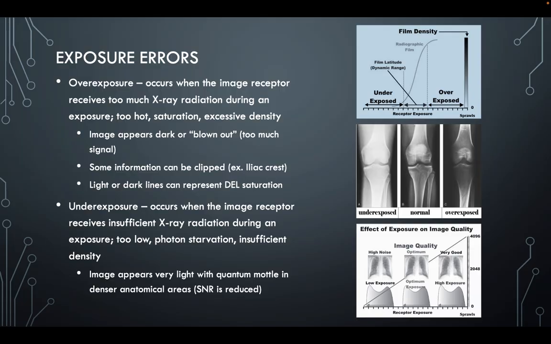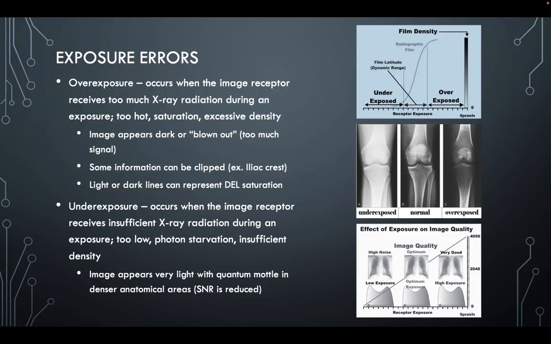How much is my pixel picking up? If it has a lot of density being added to it, it's getting saturated, it's getting too much information. And so overexposure appears as super dark, blown out. It's just too much signal.